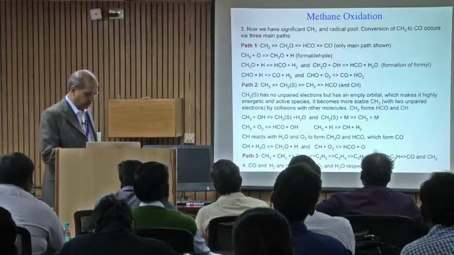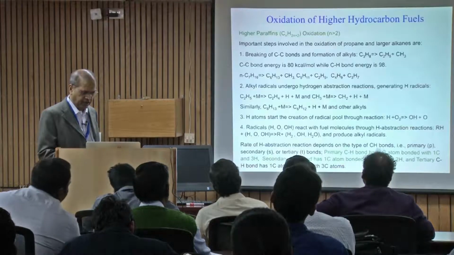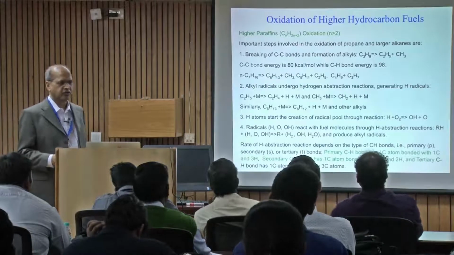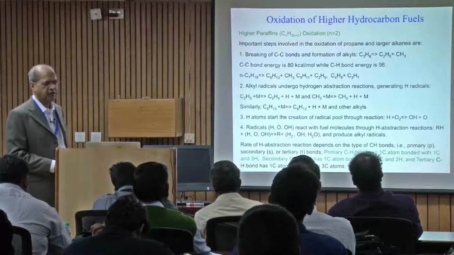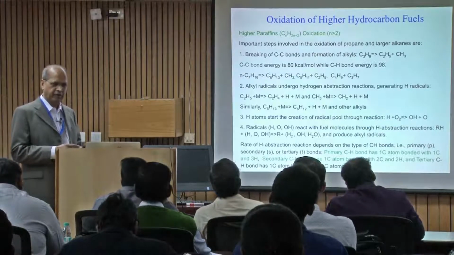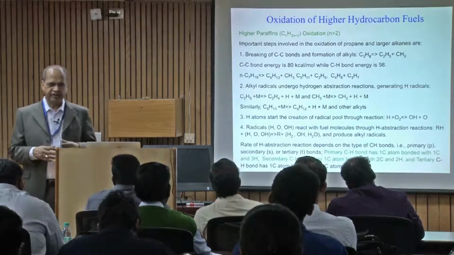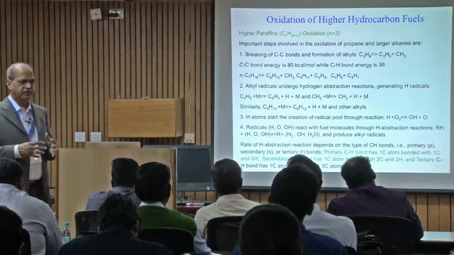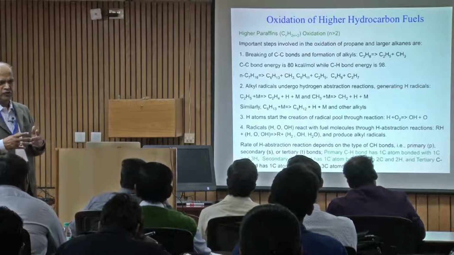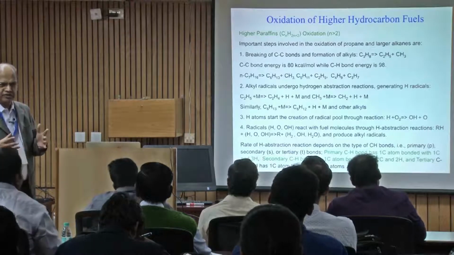Now this is for ethane, and then the larger hydrocarbons like propane and butane. The basic concept is very similar, whether it's propane or decane. For decane there are some other reactions: you have a C10, and it will produce C9, C8, then eventually C3, C4.